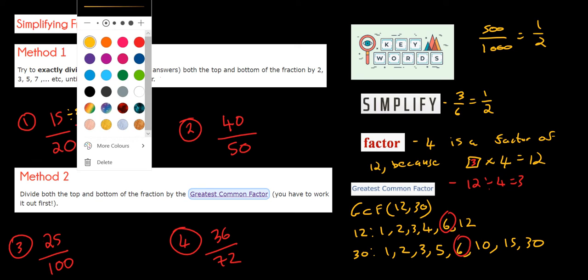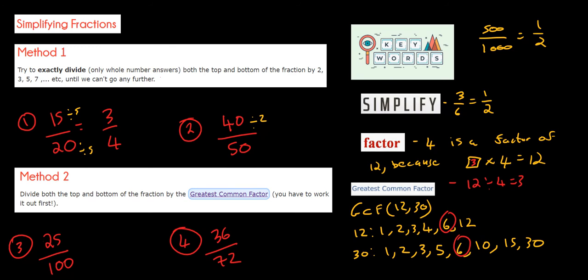Now, for 40 over 50, we can divide by 2 to get 20 over 25. Then we can divide by 5 to get 4 over 5. If we multiply 2 times 5, that gives 10.